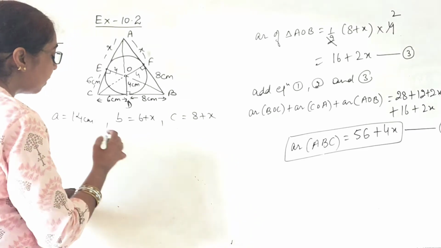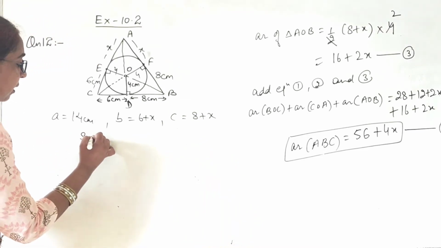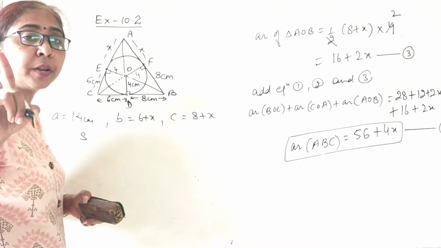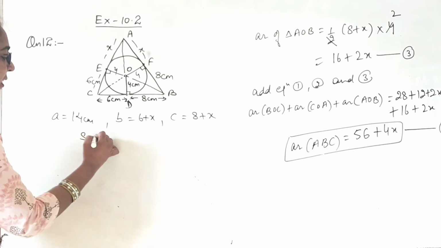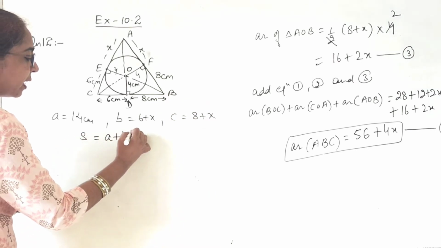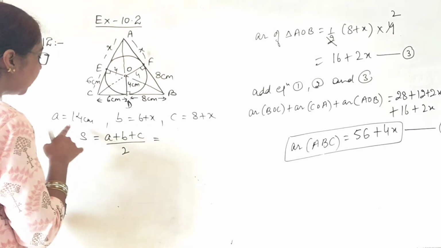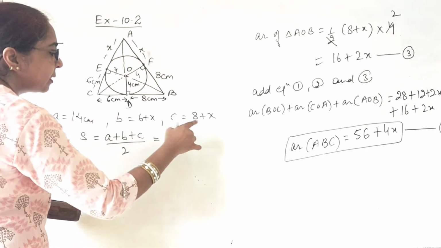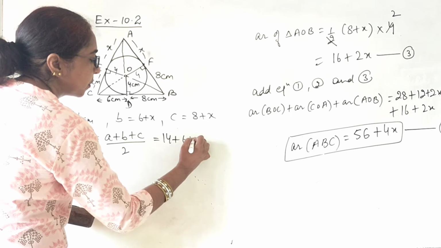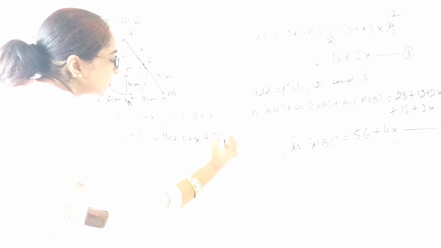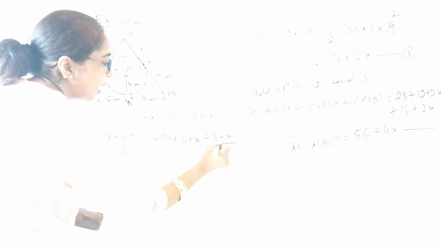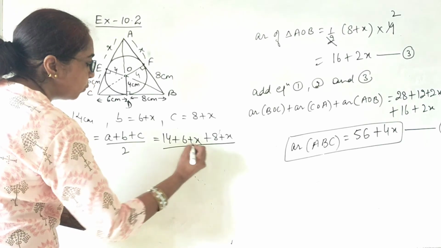Now after getting the sides, what you used to do in your 9th class, we have to find S, the semi-perimeter, and the formula is A plus B plus C by 2. So this will be equal to 14 plus 6 plus x plus 8 plus x upon 2.